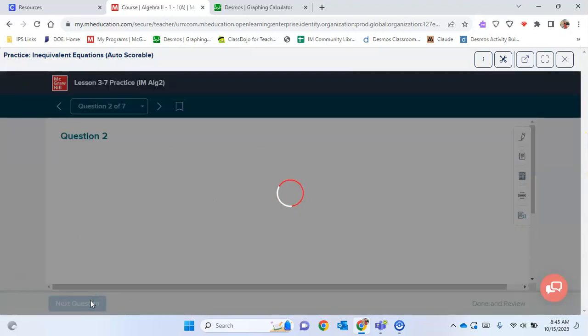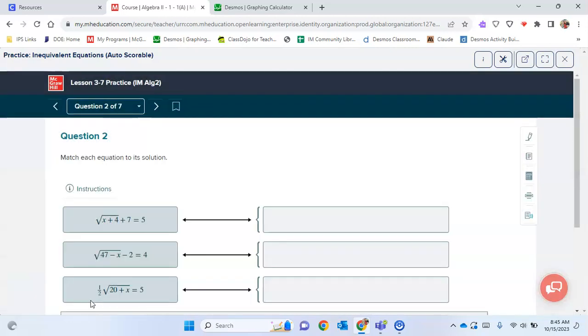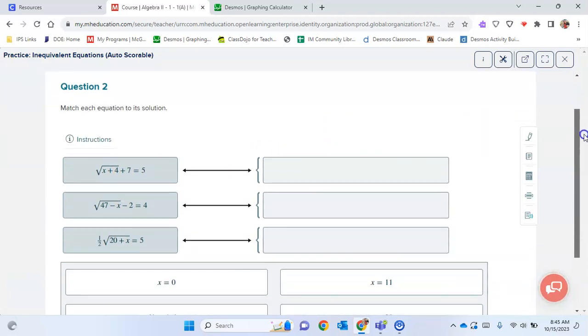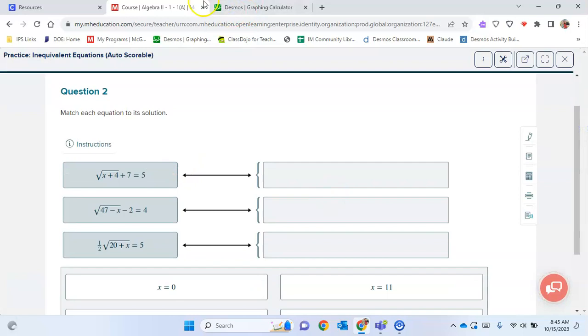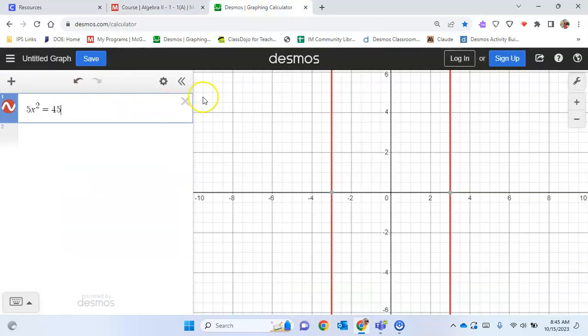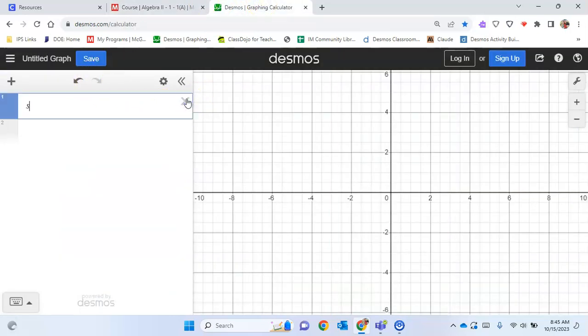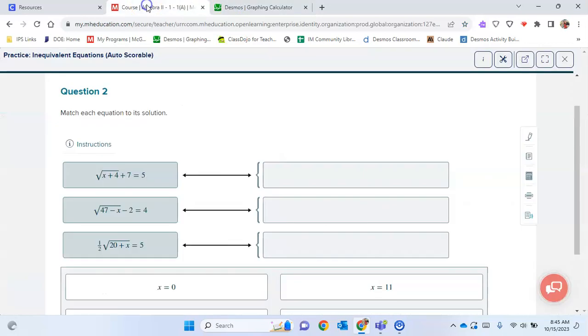Question 2. Match each equation to its solution. Alright, to solve the first equation, square root of x plus 4, plus 7 equals 5.